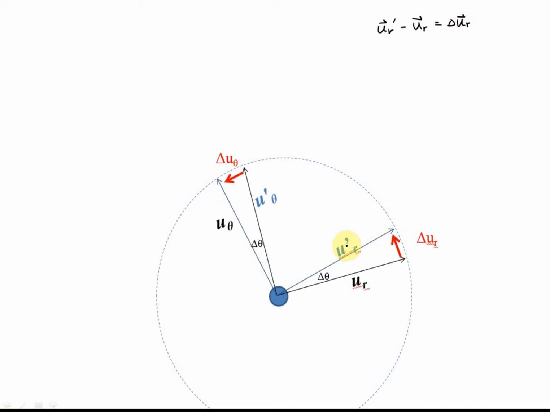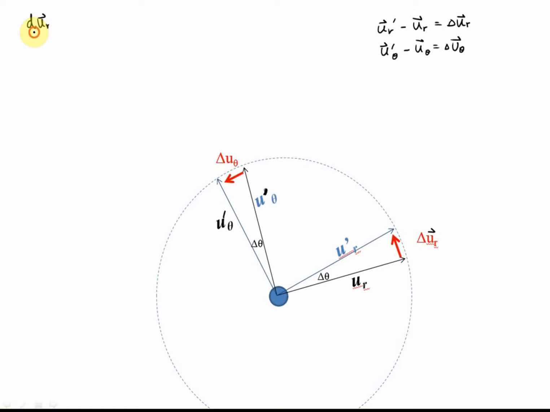This is u r at a new position, this is u r at the before position, so the subtraction is delta u r. And this one too, this one should be u theta prime, and this one is just u theta. So u theta prime minus u theta should be delta u theta, okay.